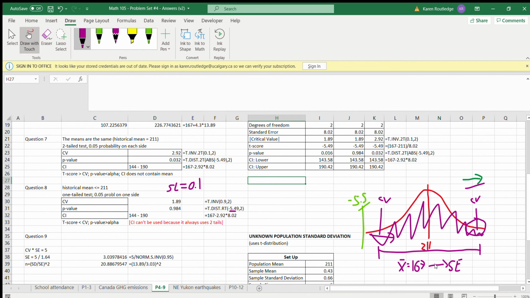So yes, we can calculate a confidence interval, but because the confidence interval is a two-sided test, and because of that we get the same thing that we do for question number 7, because the confidence interval is a two-sided test, and our hypothesis test that we're doing is a one-sided test, we cannot use the result of the confidence interval to compare or to reject or fail to reject our null hypothesis. We can only do that if our actual hypothesis test was two-tailed, and it was not, so we can effectively skip that part.